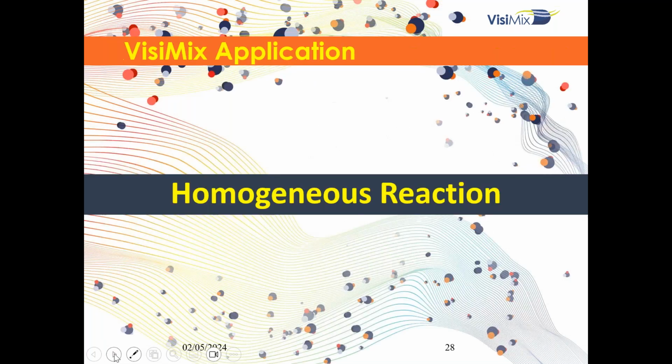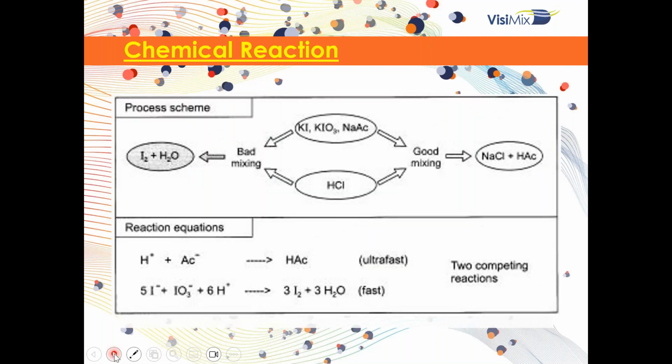Now, what I would like to do is to remind you of something that we do sometimes. I want to show you what happens in a reaction when it's clear, when all the materials are dissolved well. So we have water with KI, KIO3, and NaCl. And when we feed HCl, if we are dispersing the HCl in a very good way, we will see a change of ions, but without color.